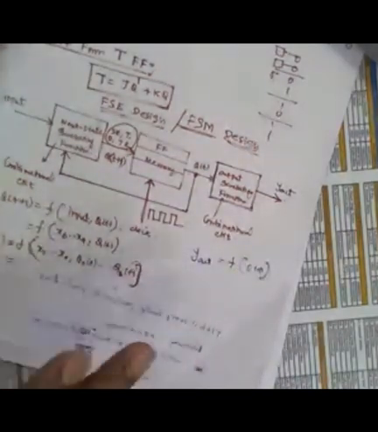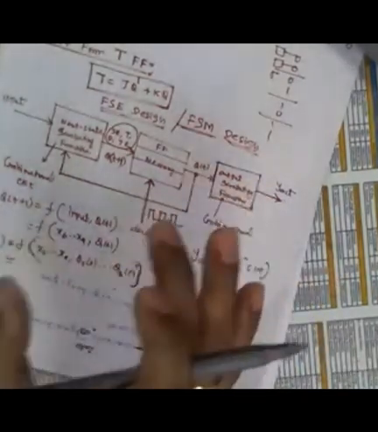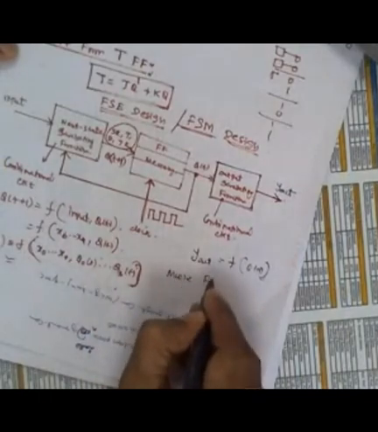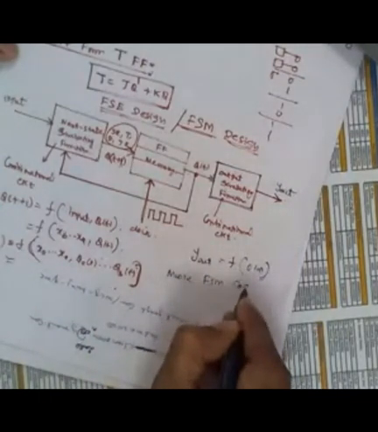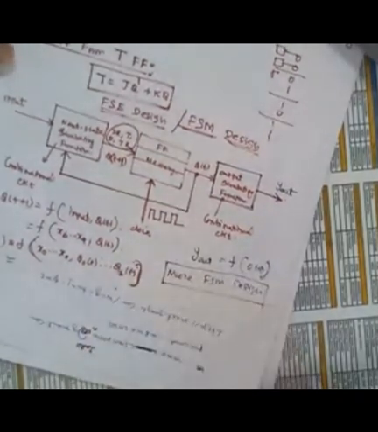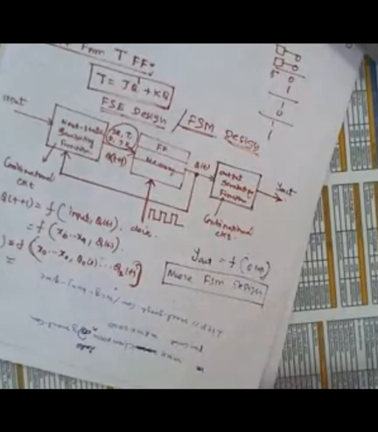In that case, this kind of design is called Moore design, Moore FSM design. That means the output is a function of only the current state or present state of the memory unit.